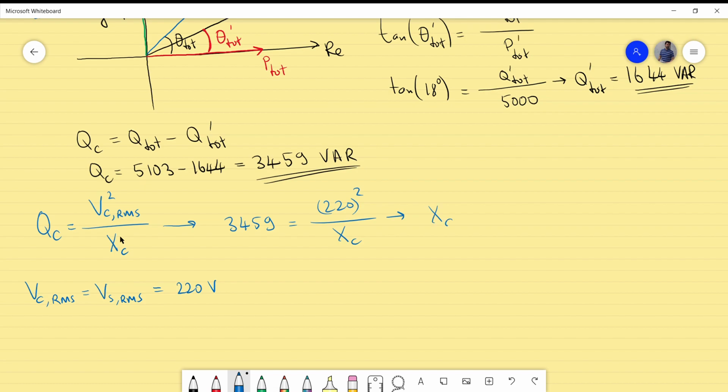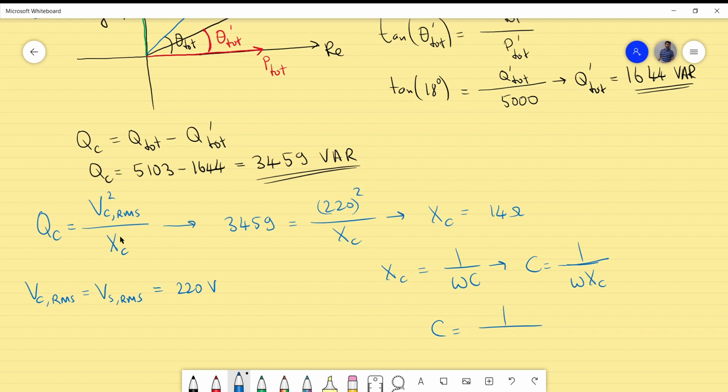So what is XC? XC will be 14 ohms, and we know XC is equal to 1 over omega times C, so C will be equal to 1 over omega times XC. What is omega? We were already given the frequency, 50 hertz.